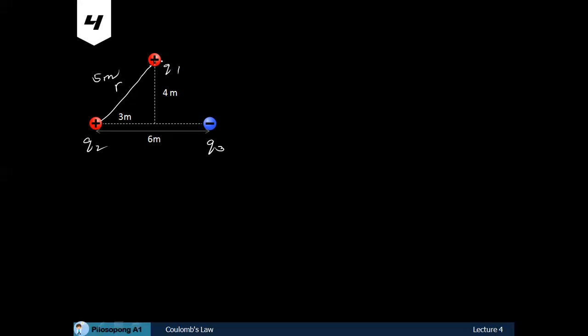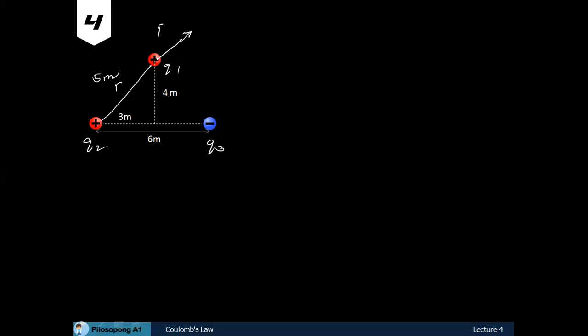Let us examine first what is the direction of the force that we are about to compute. We are concerned with the net force acting on Q1 due to Q2 and Q3. Since these are both positive charges, we are sure that this charge will move away from Q2 in this direction.